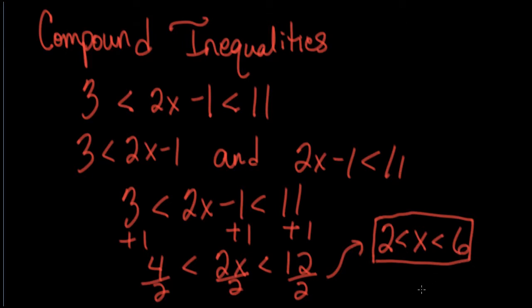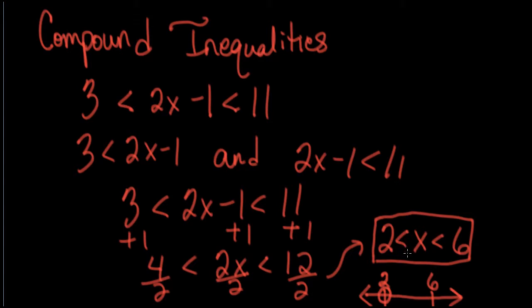When I read it, I'm actually going to start reading it from the center. x is greater than 2 and less than 6, which basically just means that x is somewhere between 2 and 6. So if I was to graph this on a number line, and let's say this is 2 and this is 6, they're going to be open circles because it's less than.